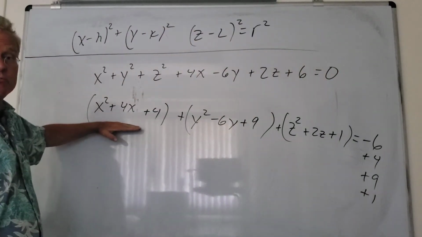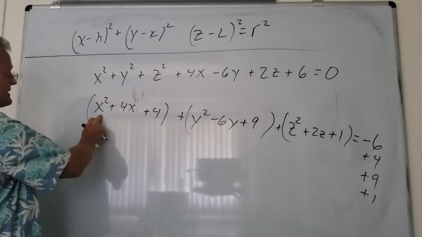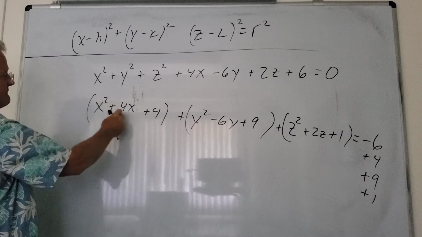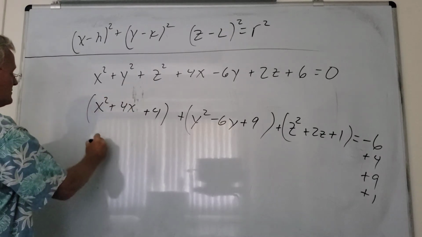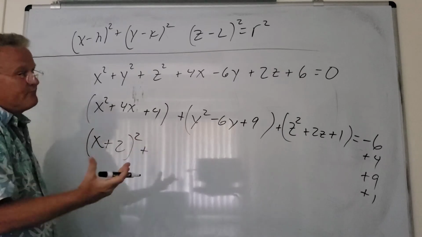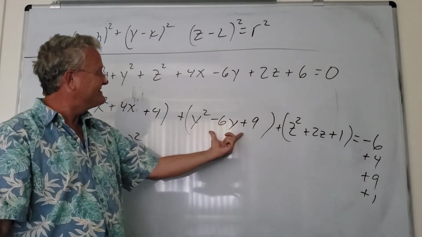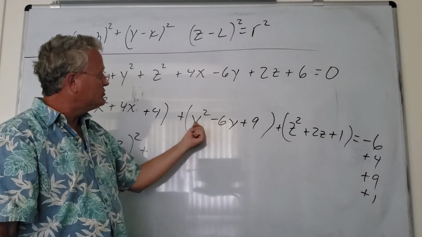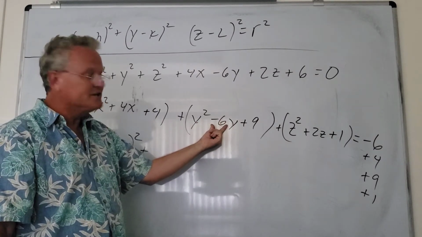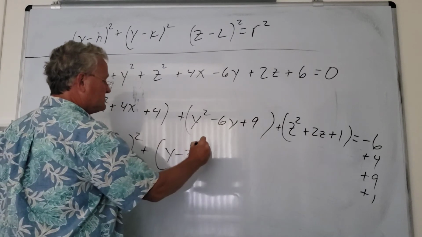Well, this is now a perfect square, right? This is x plus half of this number, quantity squared, so half of 4 is 2. And from what we learned in completing the square earlier, this factors to y plus half of this, which is -3, so we get y minus 3, quantity squared.